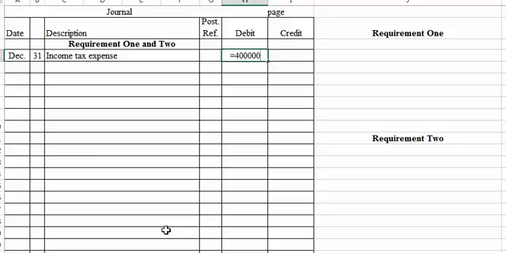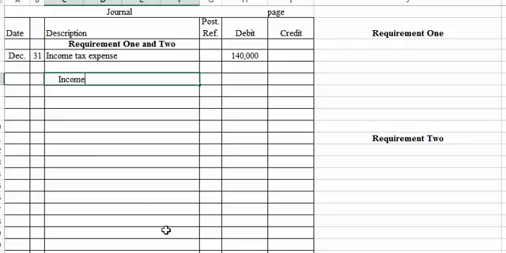It's not always minus permanent differences. It could be added back. We want to take out the effect of any permanent differences and then multiply by the tax rate. Here there are no permanent differences, so we'll just multiply by the tax rate of 35%. That gives us income tax expense of $140,000.